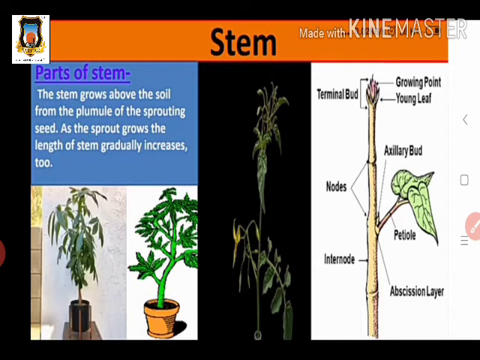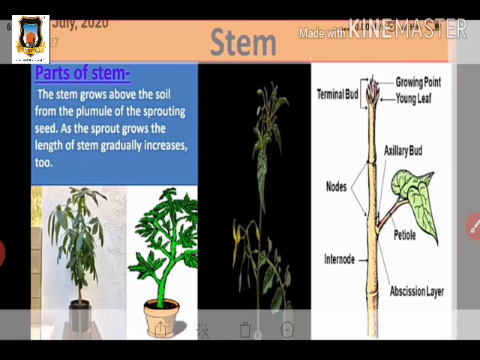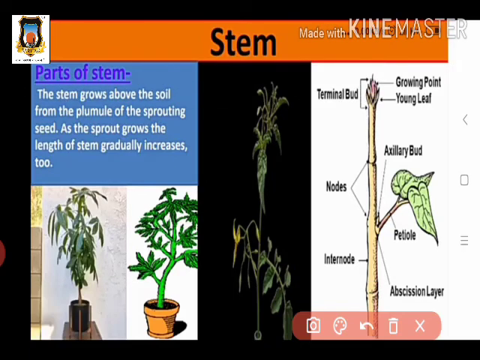So this stem contains which parts? If we observe, this stem contains nodes. This structure we call node, and the part between these two nodes is called internode. The leaf is produced on this part of the node.